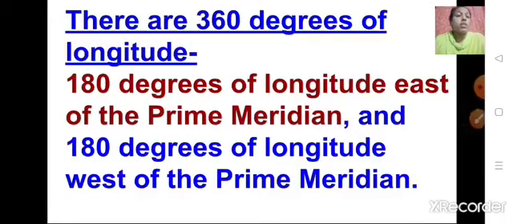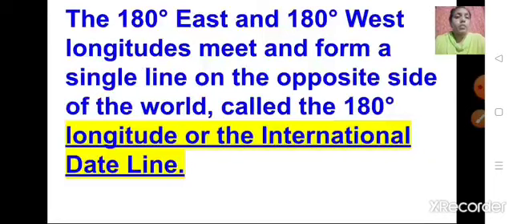So there are 360 degrees of longitude, 180 degrees of longitude east of the prime meridian and 180 degrees of longitude west of the prime meridian. The 180 degree east and 180 degree west longitudes meet and form a single line on the opposite side of the world, which is called the 180 degree longitude or the international date line.